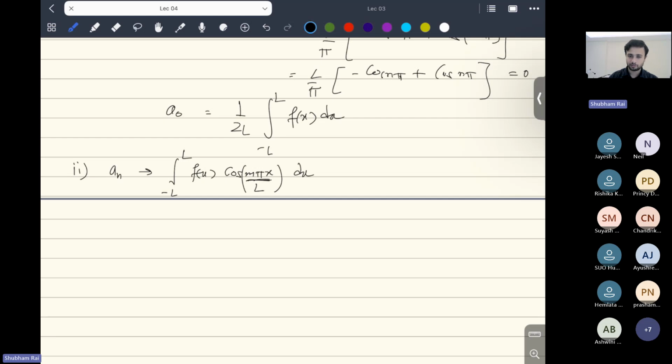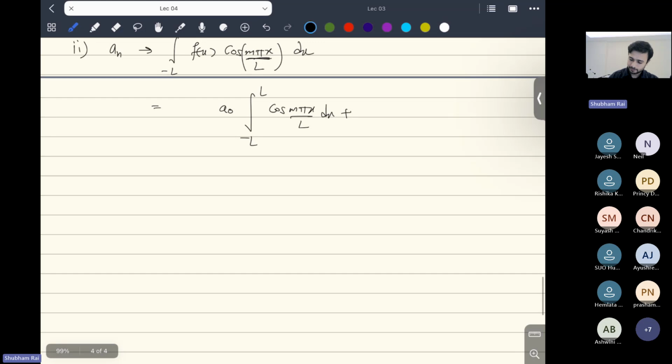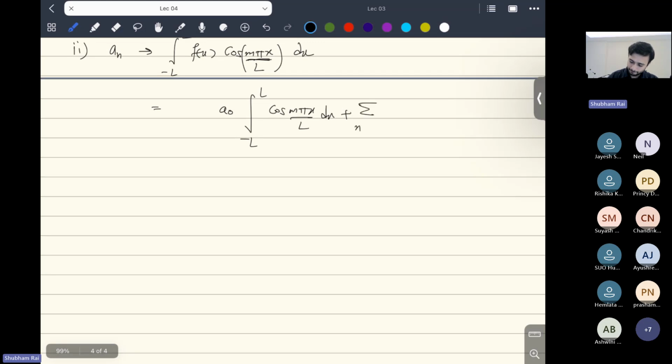So what will this expression be equal to? f of x was equal to a0, and a0 will now be multiplied with the integral from minus L to L of cosine(m pi x by L) dx. Plus the term sigma n equals 1 to infinity, where an was there, integral from minus L to L, and in the Fourier series I have cos(n pi x by L).